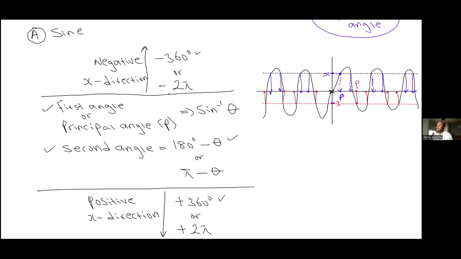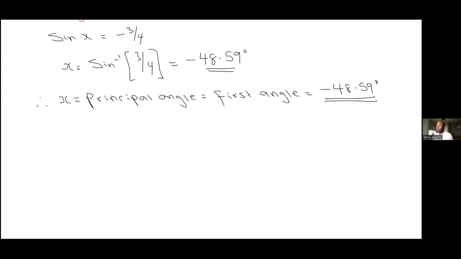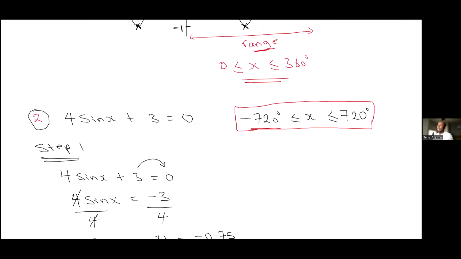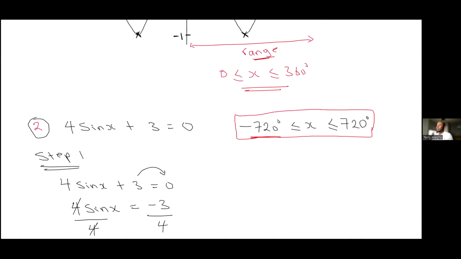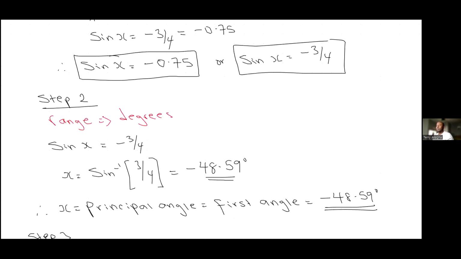All right, so that's what we're going to do. So the first angle and the second angle, and we'll keep on going that way. All right, so step 3. And remember, we're only looking for answers between minus 720 and 720. Okay, we're looking between minus 720 and 720. So you need to keep the range in mind when you're doing this. So let's go, let's start.